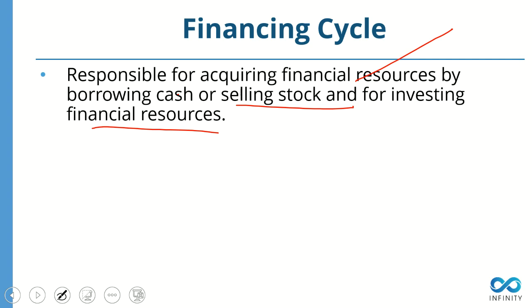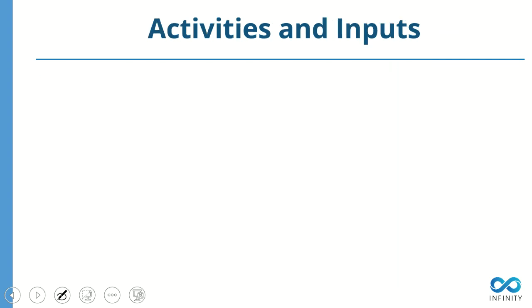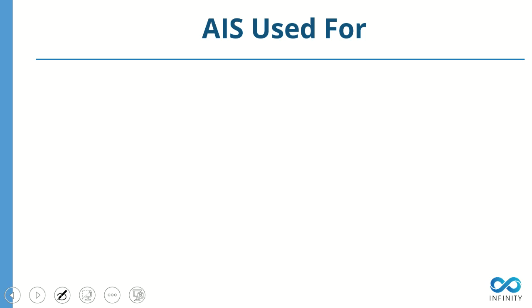So in the financing cycle, normally what we are doing here is acquiring financial resources. Maybe you will acquire this by issuing debt instruments or taking a loan from the bank, or maybe by selling the stocks in the market. And all these can be recorded. The data related to financing can be recorded using AIS.